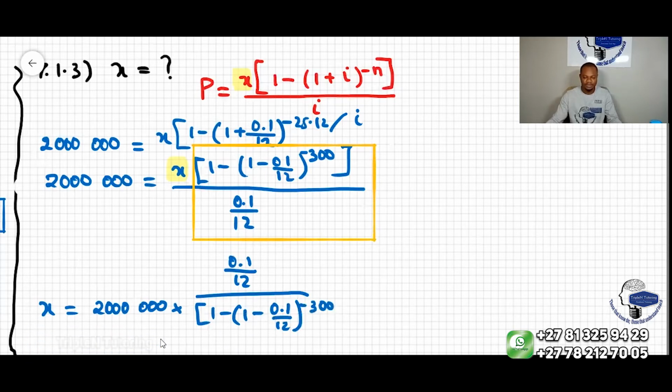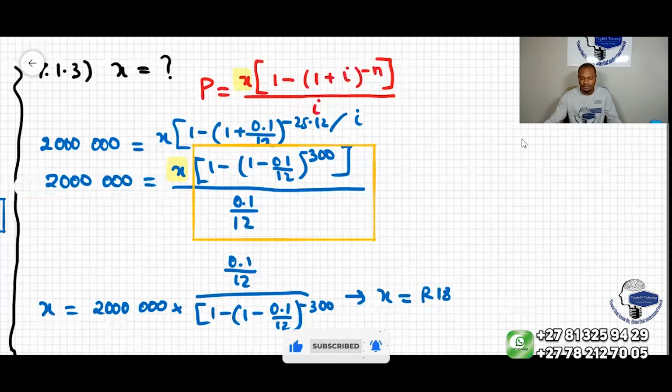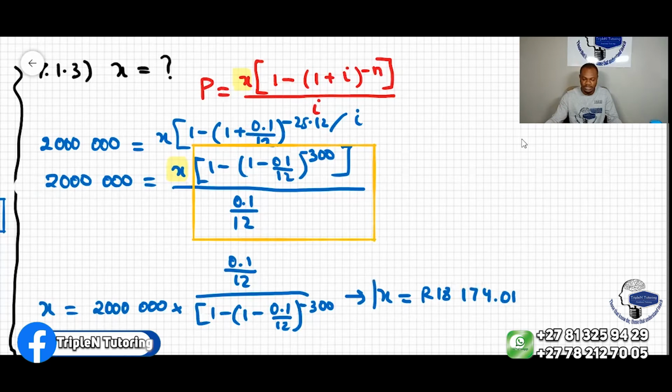Then we place this in the calculator as it is, and we get the amount of 18174.01. So that's the value of this.